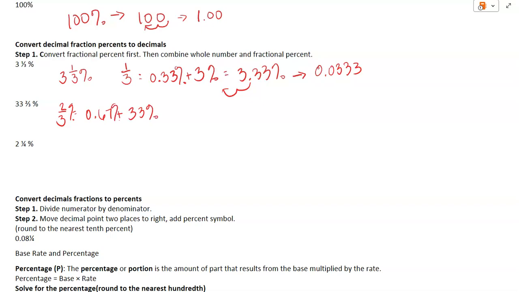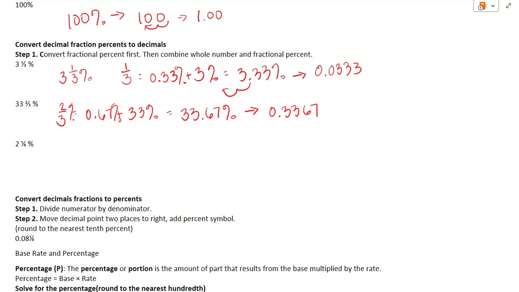Remember, we're still working with percents here, so this becomes 33.67%. Then I can go ahead and convert this to a decimal, and this becomes 0.3367.